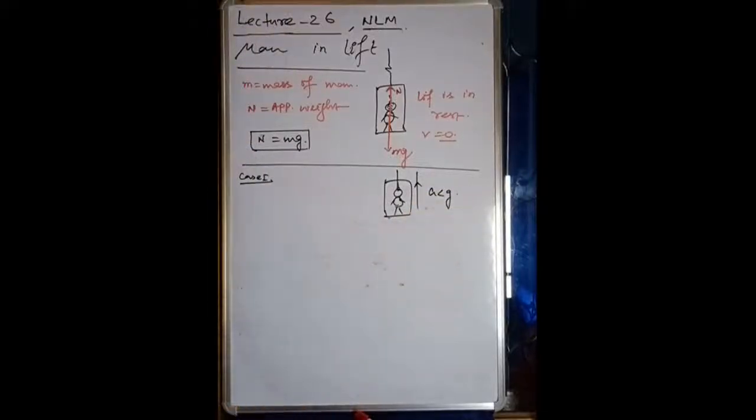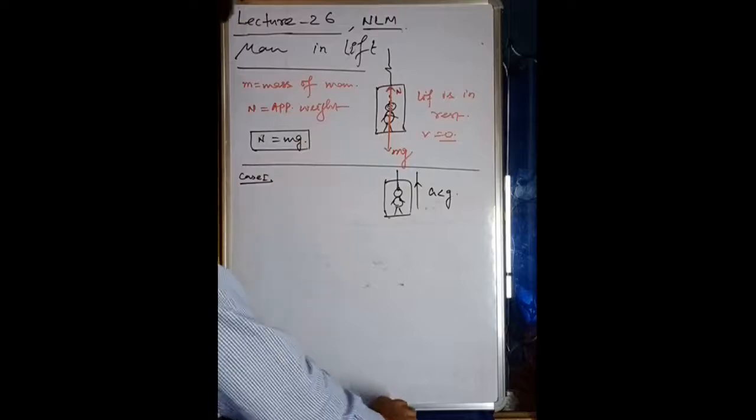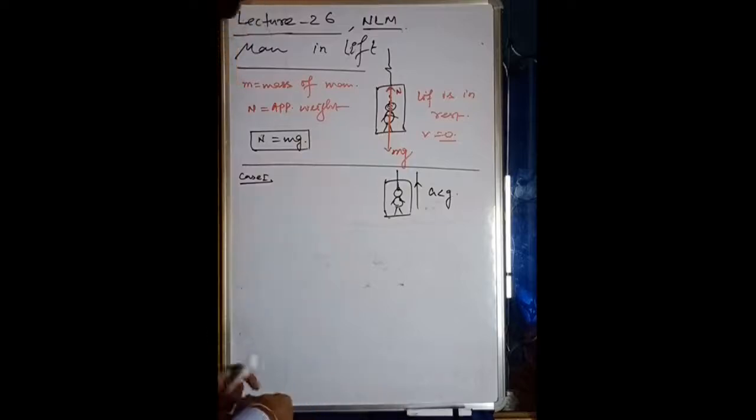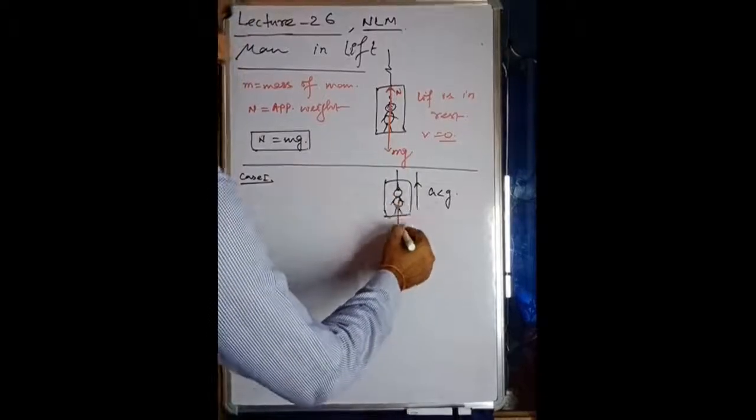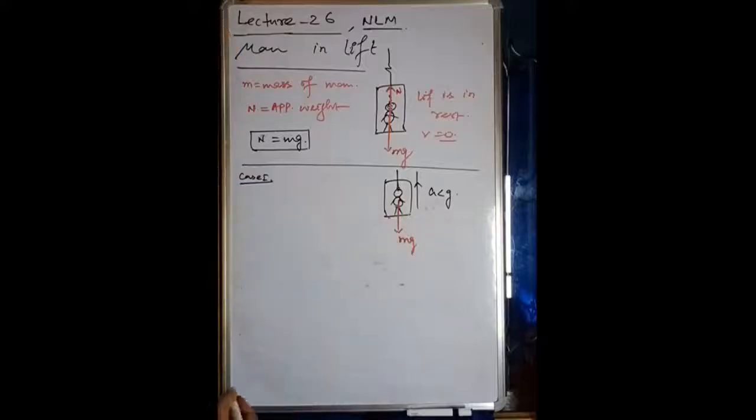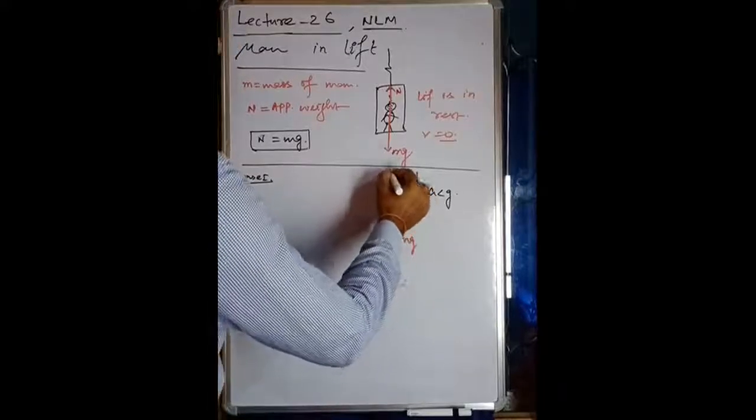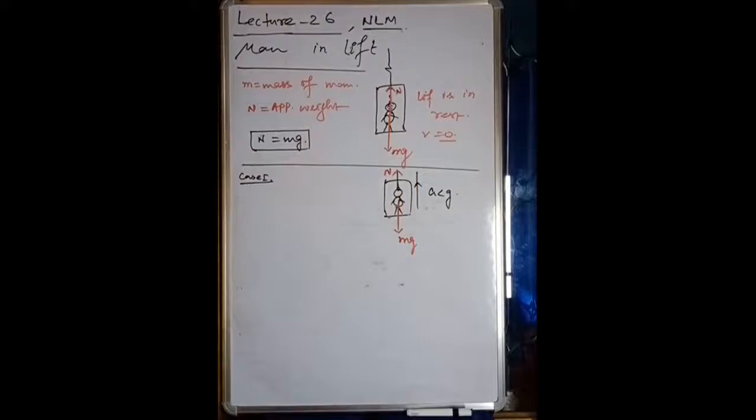What will happen? Try to calculate all the forces. Again here, the weight of this person, the normal reaction N, although this lift is moving up. Now we will apply Newton's second law. Remember, now this lift is not at rest, so you don't have to apply Newton's first law.